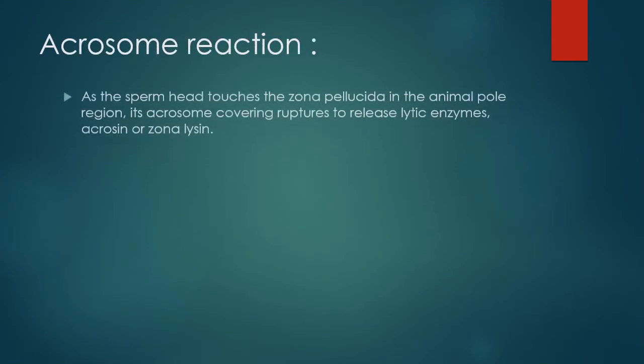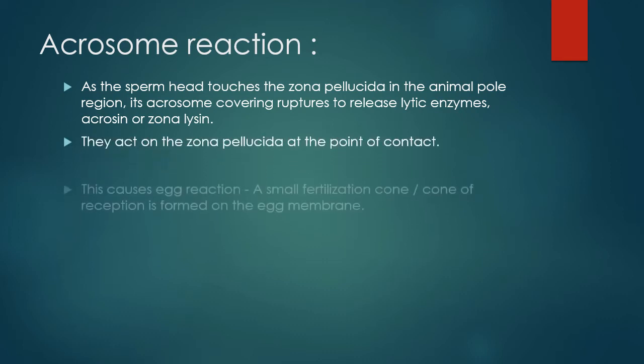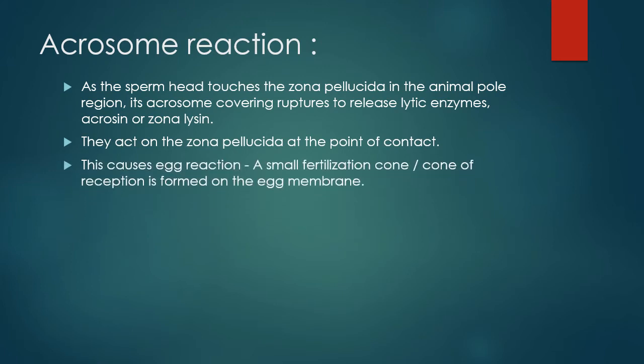Acrosome reaction. As the sperm head touches the zona pellucida in the animal pole region, its acrosome covering ruptures to release lytic enzymes acrosin or zonalysin. They act on the zona pellucida at the point of contact. This causes egg reaction. A small fertilization cone or cone of reception is formed on the egg membrane.